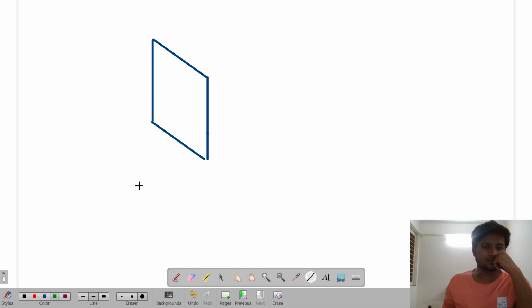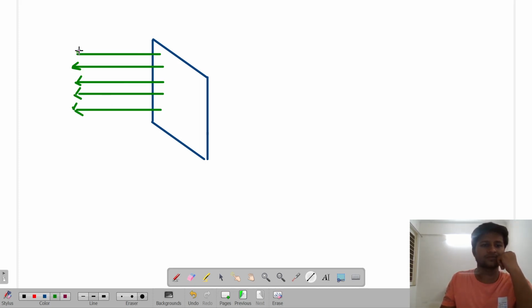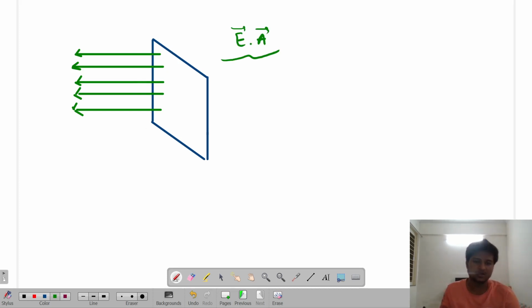Some amount of electric field lines are emerging. The point is, when I have non-uniform electric field lines, I always have to be cautious. If the electric field is uniform, then I can just take the electric field dot the area vector and I'll get the answer, and I'm fine with that.